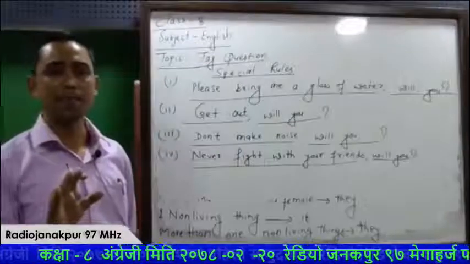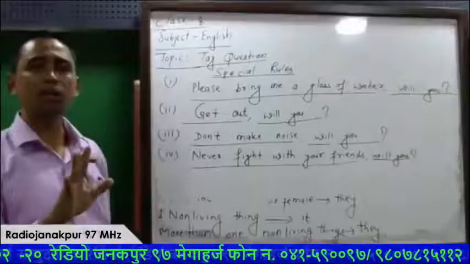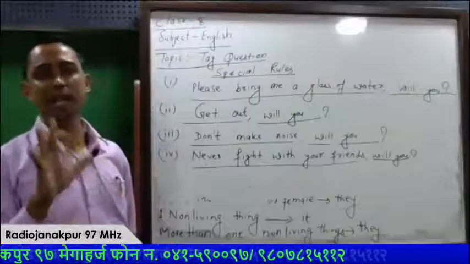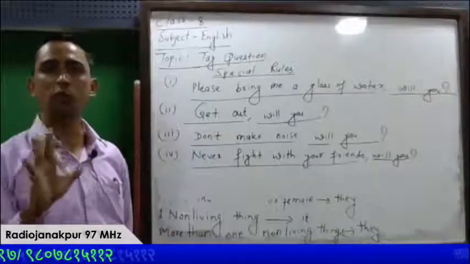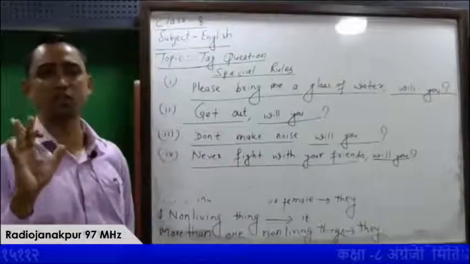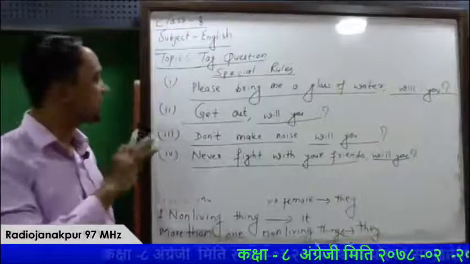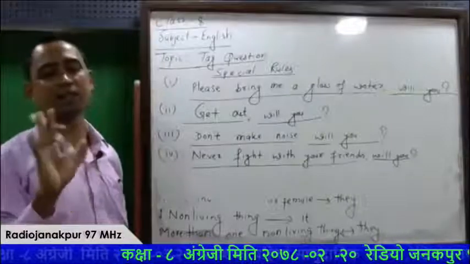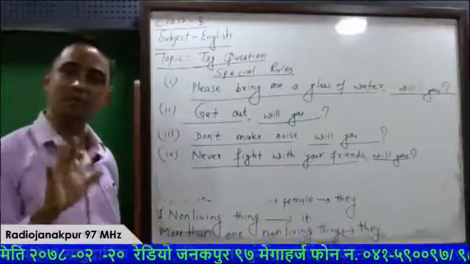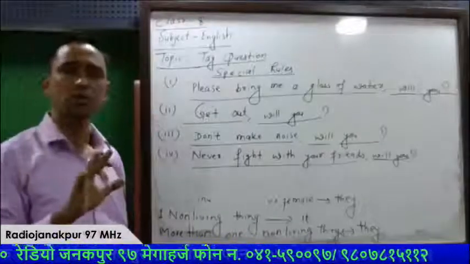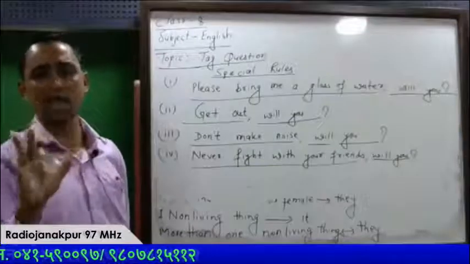And if we have imperatives, to add tag questions at the end of them, we have to forget the normal rules we have studied before. If there are any imperatives, we should add will you in the tag question, whether the statements are positive or negative.